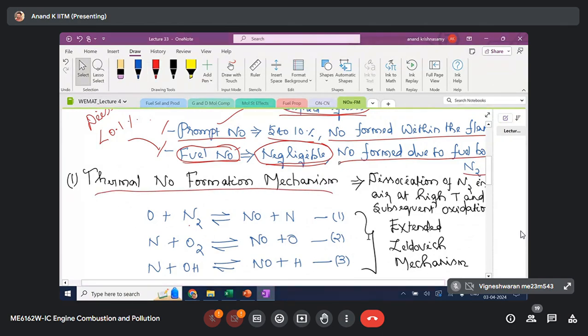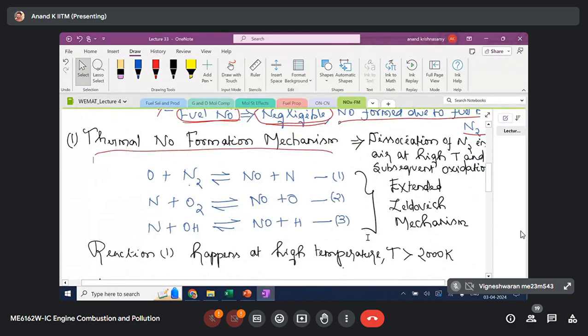The thermal NO mechanism is governed by three simple chemical reactions, as shown here. In the first reaction, you could see that there is an O radical that triggers dissociation of nitrogen. Nitrogen is very stable. Nitrogen consists of a triple bond. That's why molecular nitrogen is very stable. It cannot form radicals easily.